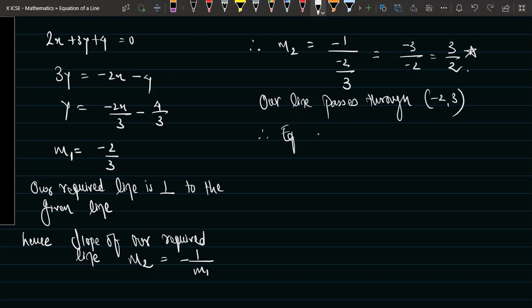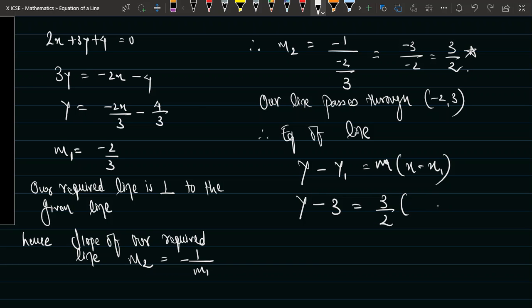Therefore the equation of the line can be found by using slope point form. So y minus y1 is equal to m bracket x minus x1. So y minus 3 is equal to m, which is 3 by 2, bracket x minus x1, which is minus 2.